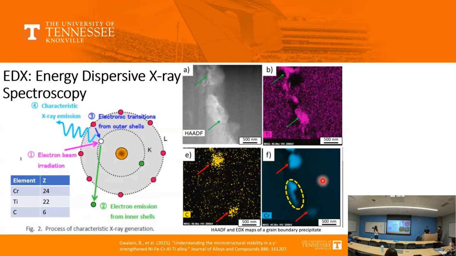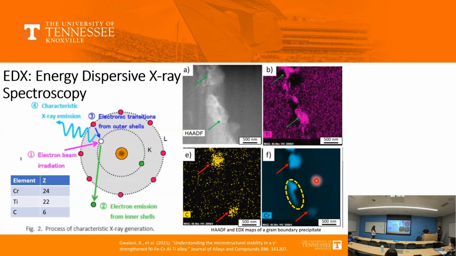Conversely, you can start to see that the areas enriched in chromium are totally depleted in titanium, and they are almost a mirror image of each other along this grain boundary. Also, in the bulk, the chromium is very diffuse, as it's a solid solution strengthening element.